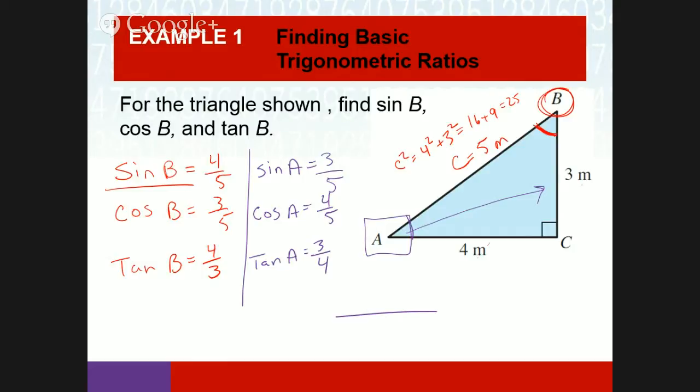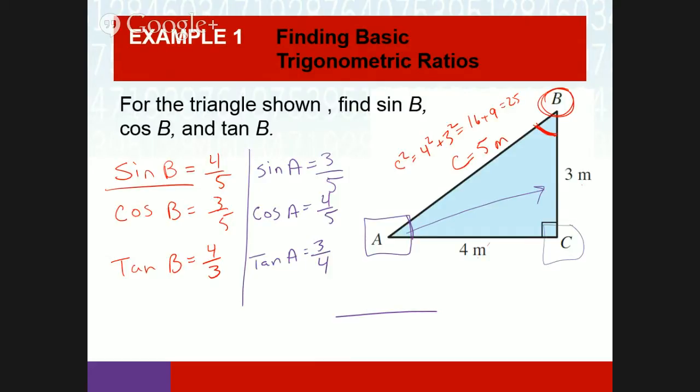So this only works with right triangles or any? It's only going to work with right triangles. However, there are things called law of sines and law of cosines you can use in other triangles. But this ratio, sine, cosine, and tangent, only works in right triangles.